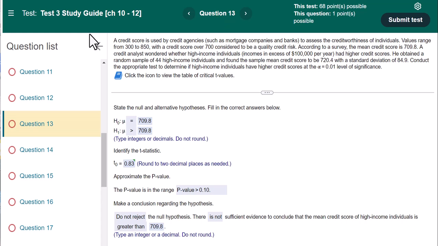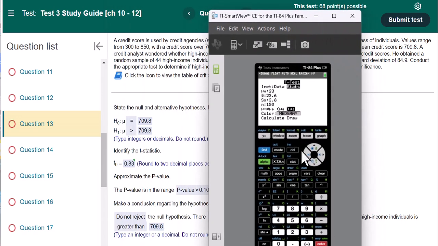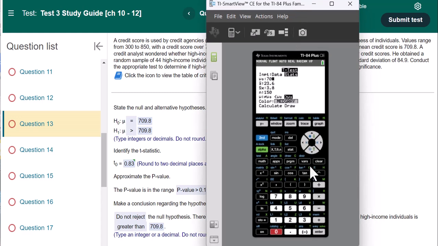So higher, guys, means more. It's a t-test. So you're going to run the calculator again. So you go to Stat, t-test, and you are testing against the number 709.8.